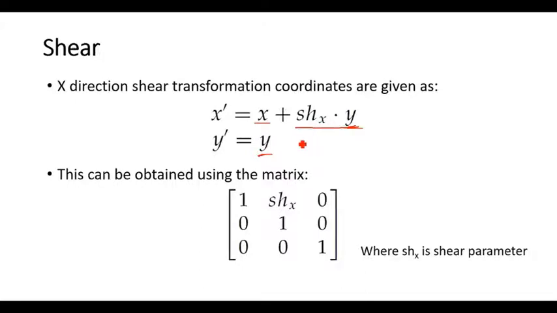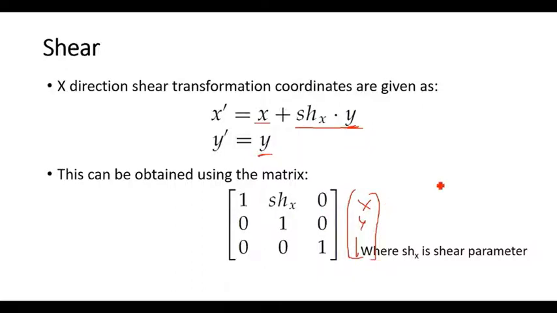In order to achieve this, this is the matrix that defines shearing in x direction. So SHX is the factor, and we multiply it with the column of x, y, 1. The first row is 1, SHX, 0.